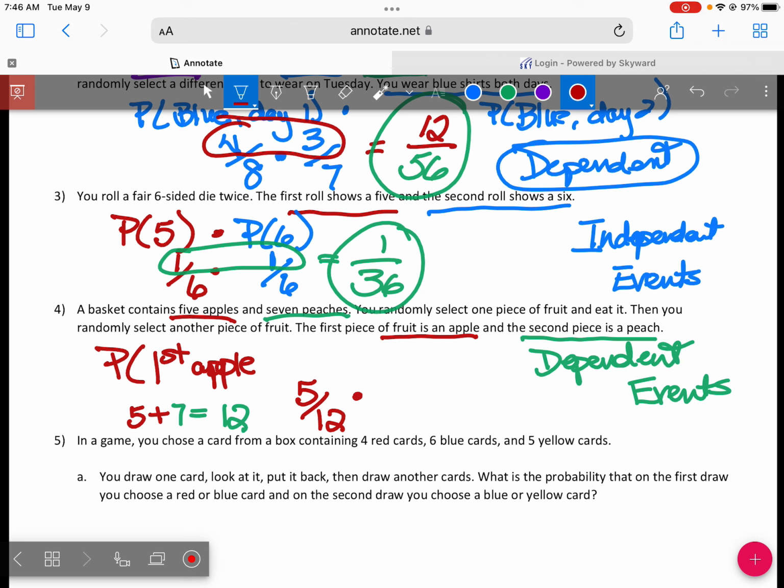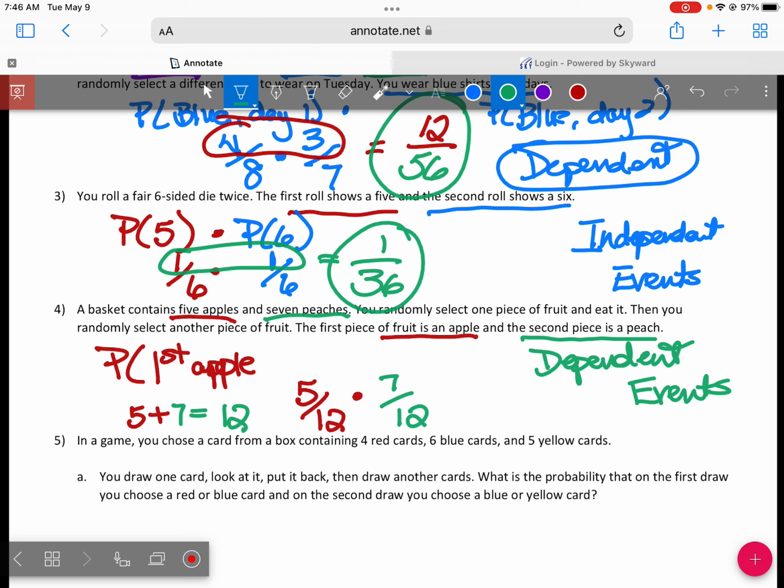times, okay, the second piece is a peach. What do you think, Jason? 7 out of 12. What do you guys think of that? I like the 7. I don't like the 12 because we already ate one, right?